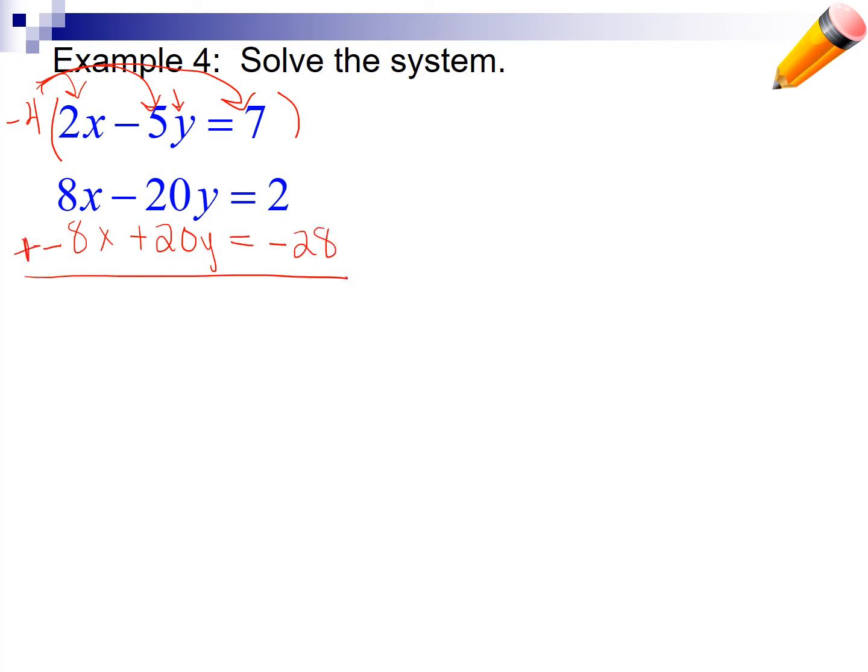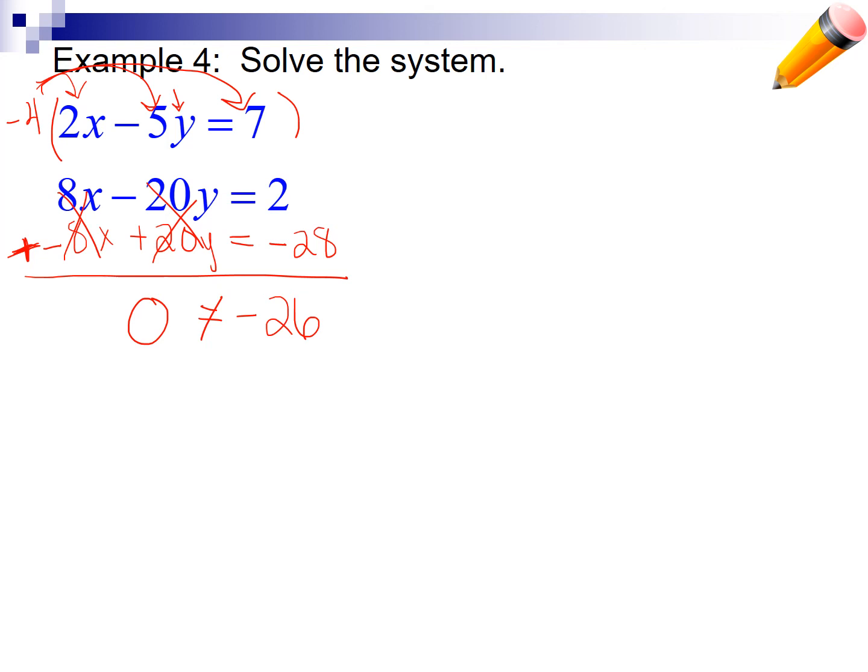Now we need to add these two equations together. So 8x plus a negative 8x cancels my x's, and my y's cancel too. So now I have 0 on the left-hand side equal to 2 plus a negative 28, which is a negative 26. Uh-oh, 0 is not equal to negative 26, but I know that I didn't do anything wrong.